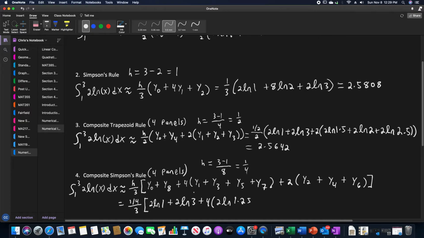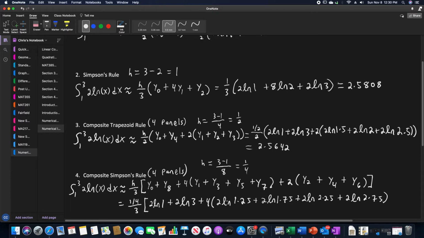So adding h to 1, plus 2 times the natural log of 1.75 plus 2 times the natural log of 2.25 plus 2 times the natural log of 2.75.